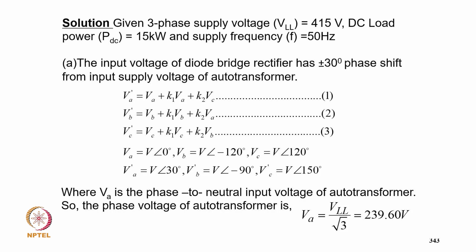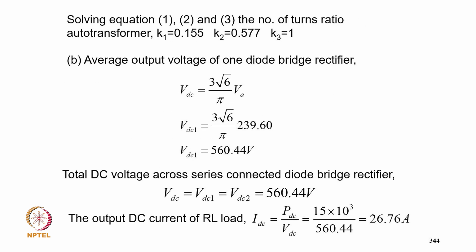So VA dash equal to VA plus K1 VA plus K2 VC, and VB dash equal to VB plus K1 VB plus K2 VC, VC dash equal to VC plus K1 VC plus K2 VB, and putting the values of phase voltage, we get K1 equal to 0.155, K2 equal to 0.57, K3 equal to 1. So we get an average output voltage VDC equal to 3√6 upon 5 VA. So VDC comes 560.44, and that is for all equal voltages.